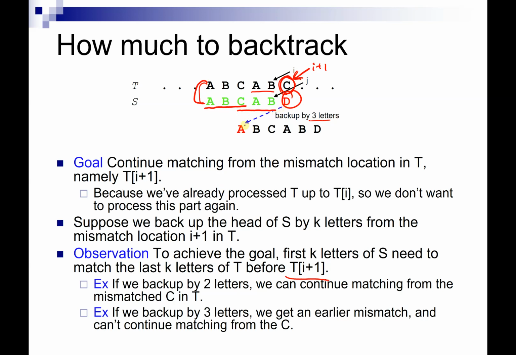If you back up by 3 locations, you take the first 3 letters of S and try to match them to this part over here, and we already know that these 2 parts don't match, as you can see over here. So there's no point trying to back up by 3 letters because we know we're not going to get a match there. Instead we should only back up by 2 letters.